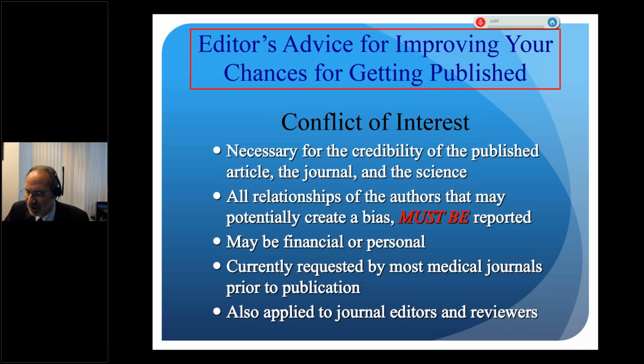For instance, if I write an article on the VBlock device, which I was involved with as a researcher, then I have to say that I was a consultant to the company, I was the chief medical officer of the company, whatever my role was, and let the reader determine whether they think that role could in any way, shape, or form have biased the paper. More often than not, it wouldn't, but you need to have that disclosure.